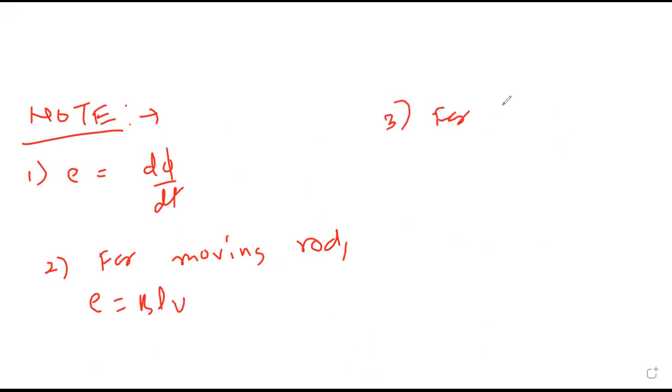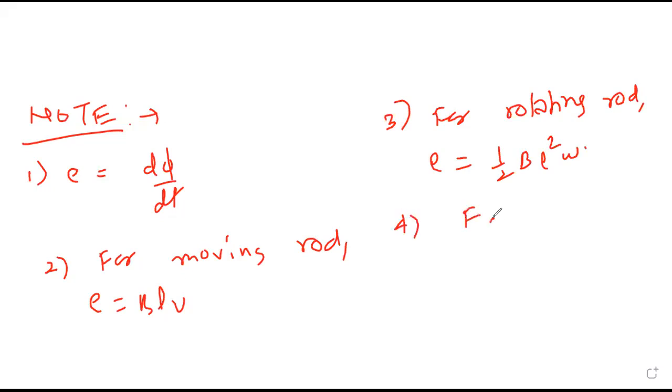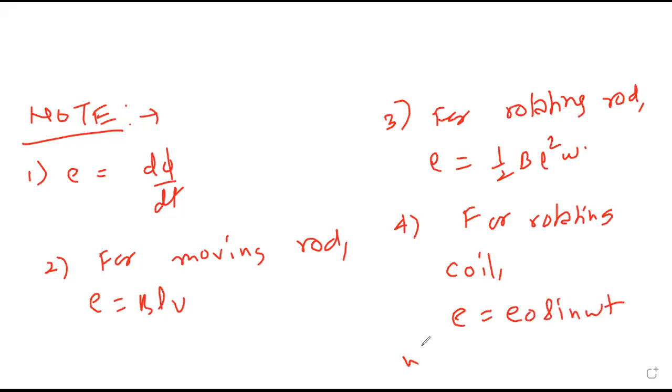Third, for rotating rod, E is half B L square omega. For rotating coil, E equals E0 sin omega t, where E0 equals NAB omega. Copy this much. Then next topic I am starting.